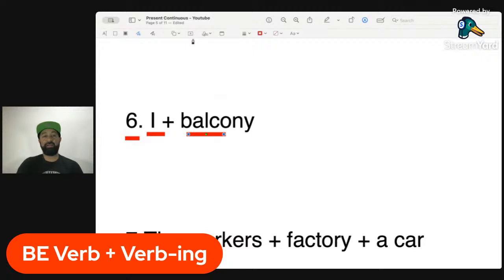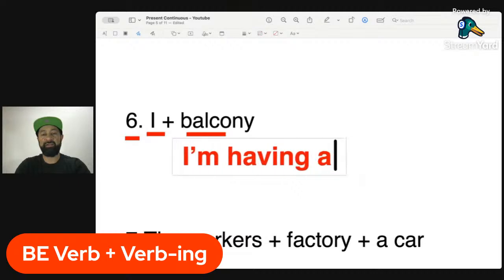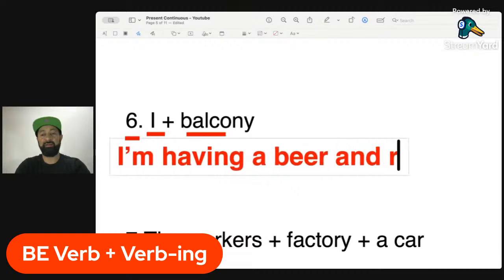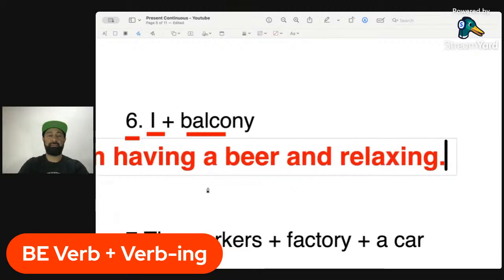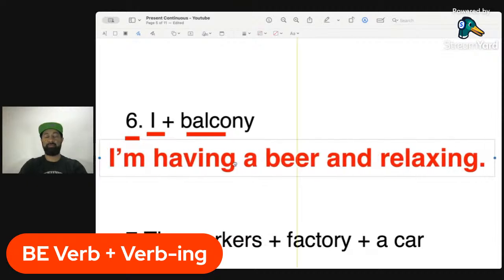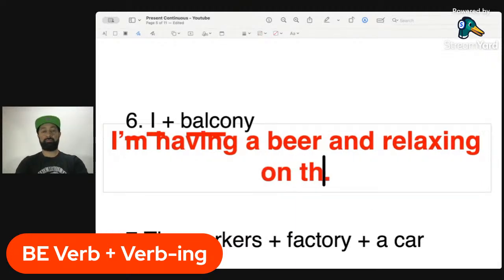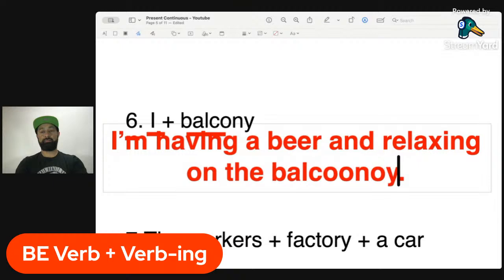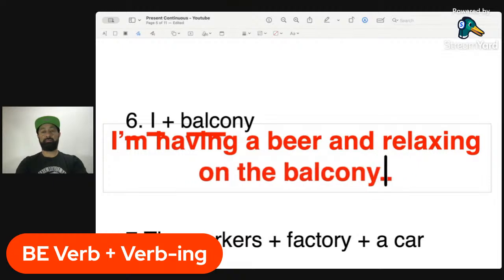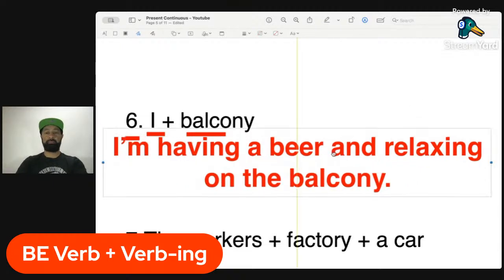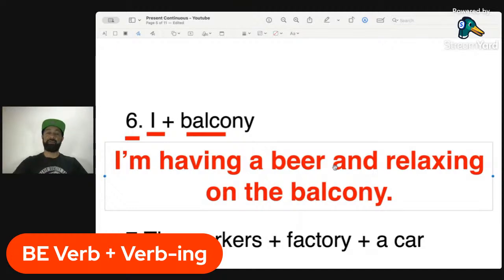Okay, so for me, if I think me, balcony, I might say I'm having a beer and relaxing on the balcony. Yeah, I'm having a beer and relaxing on the balcony.